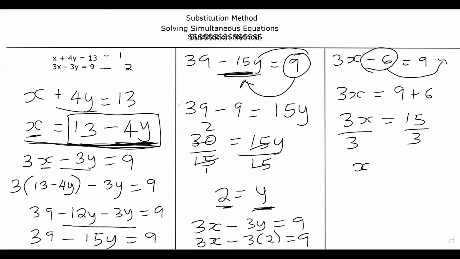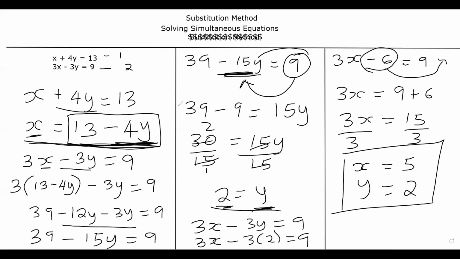We find that x equals 5. And we found our two values of x and y. So we know x is 5, and as we got earlier, y is 2. Okay, and that's how you solve a simultaneous equation using the substitution method.